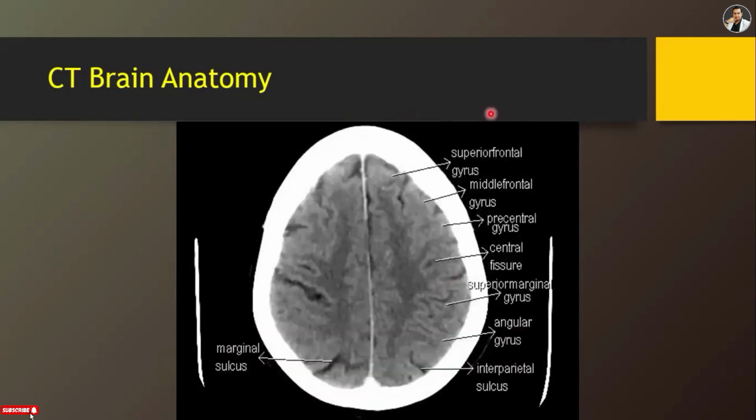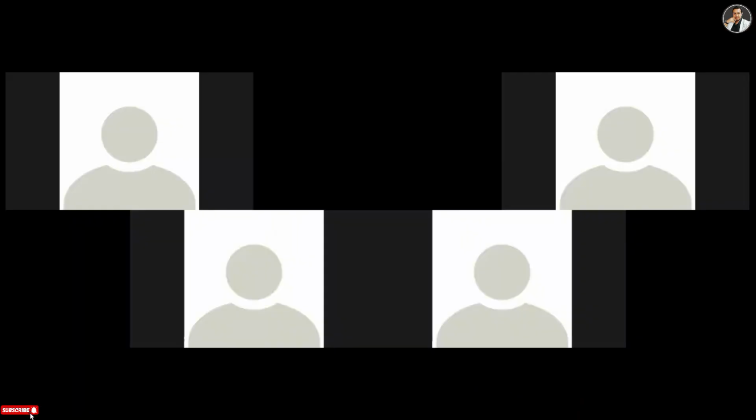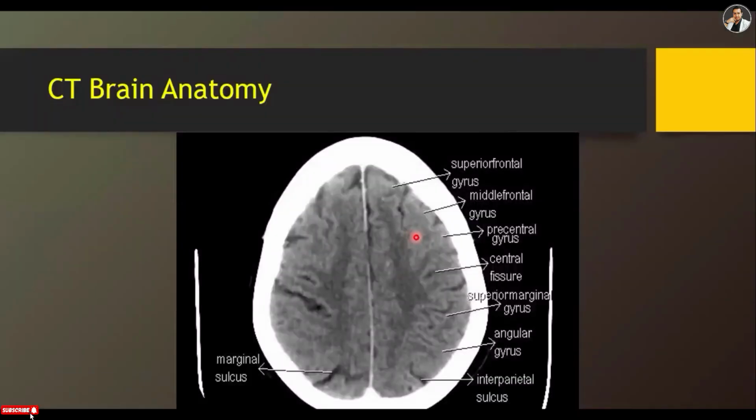Now we see the gyrus, fissure and sulcus. I will tell you the difference between gyrus and sulcus. Gyrus is the white matter in the brain. The tissues of the white matter are called gyrus, and the gaps of the white matter are called sulcus.